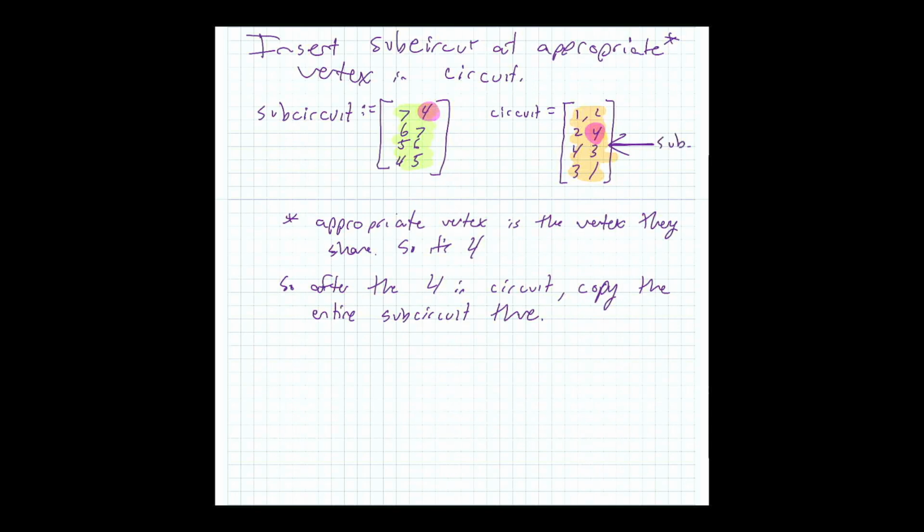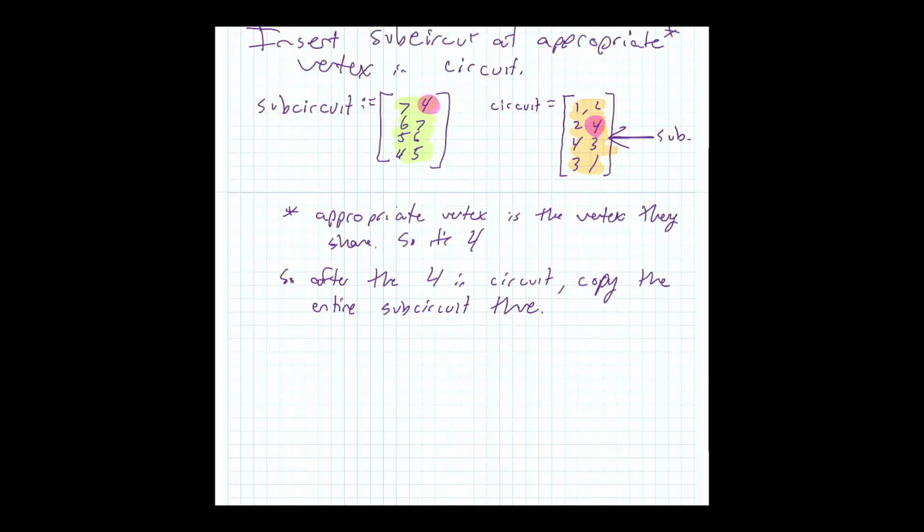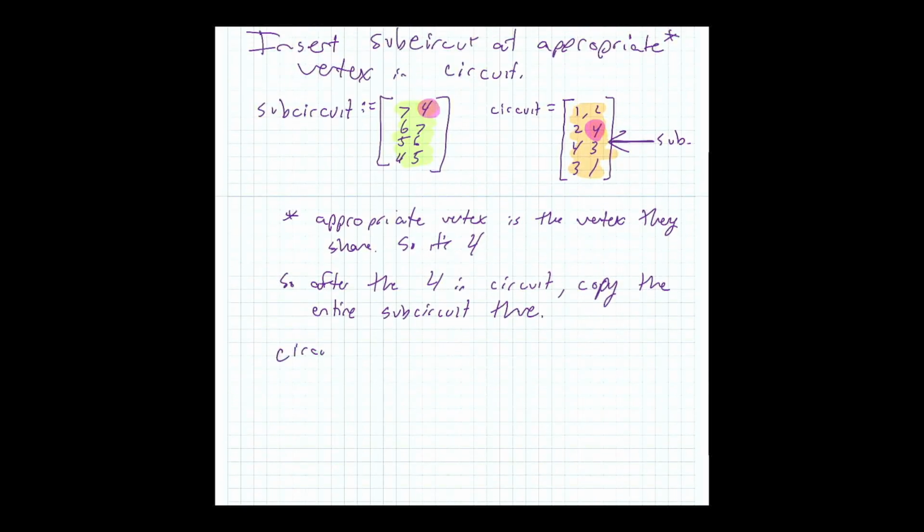So you start out with your circuit. So you go 1, 2, 2, 4. That part's normal. Those were from circuit, so I'll color them orange.